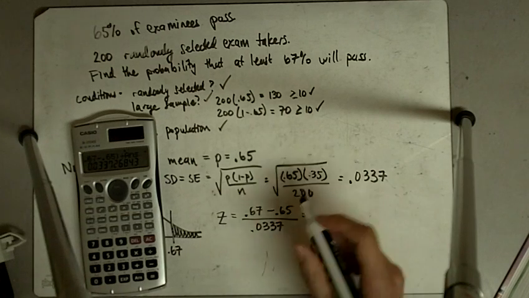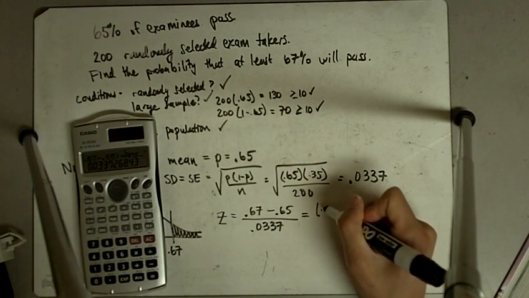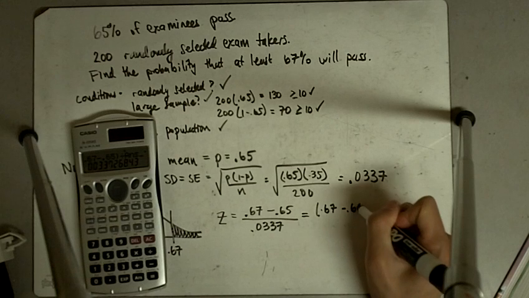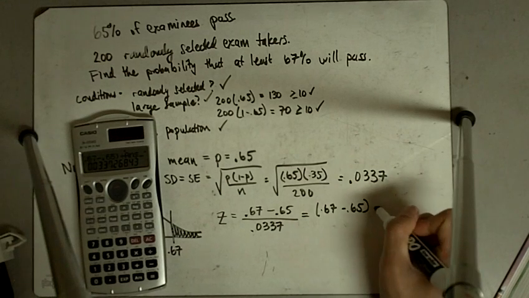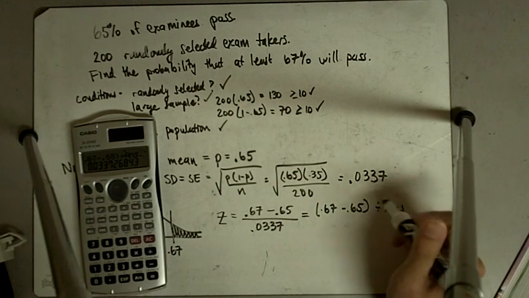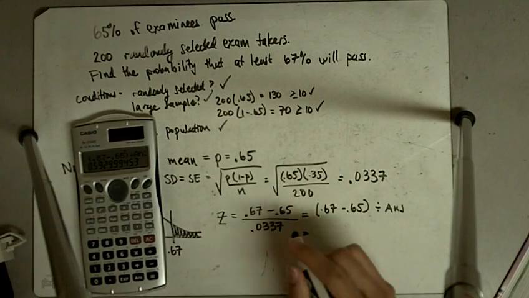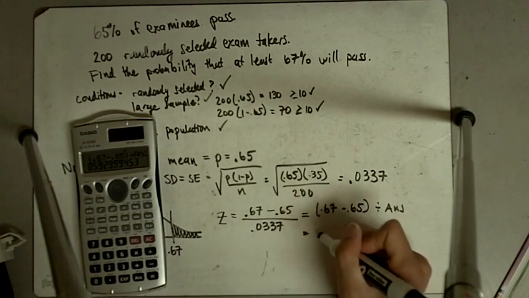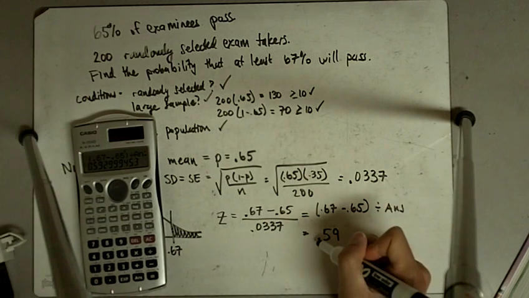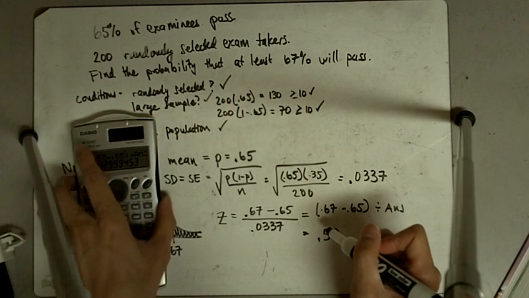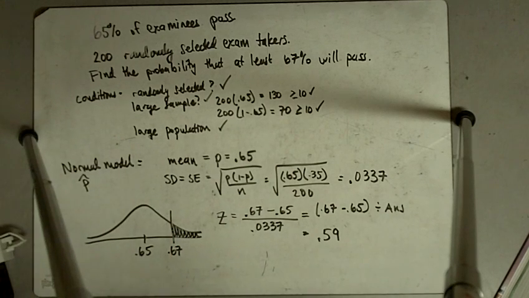When I punch it in the calculator, what I'm typing in is 0.67 minus 0.65 divided by answer, because I left this number in there. When I crunch that out, I get a z-score of 0.59, and I'm going to look this up in the z-table.